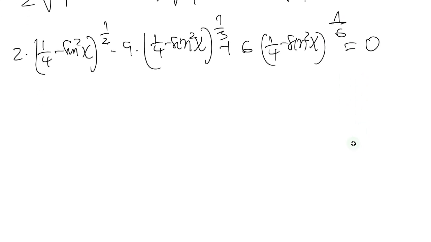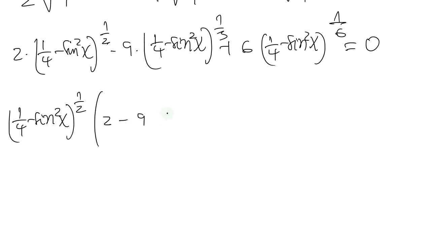From here I'm going to simplify this one. So this is 1 over 4 minus sine square x to the power of 1/2, which multiplies 2 minus 9 times 1 over 4 minus sine square of x.